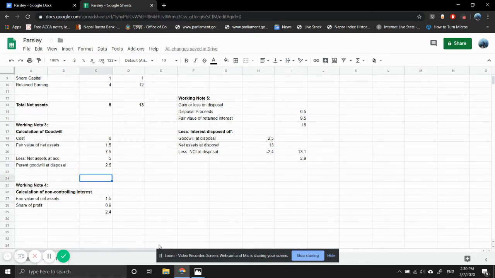No, because what has happened is that I should have done this minus this as well. So this figure should have been this figure into that.